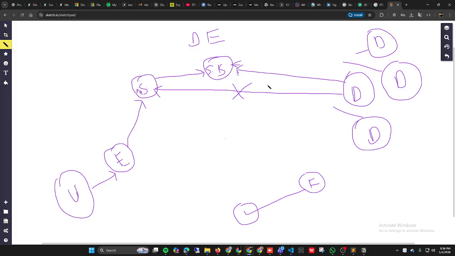So I hope you understand what I mean. This is the extraction part. Taking the data from there is called extraction.